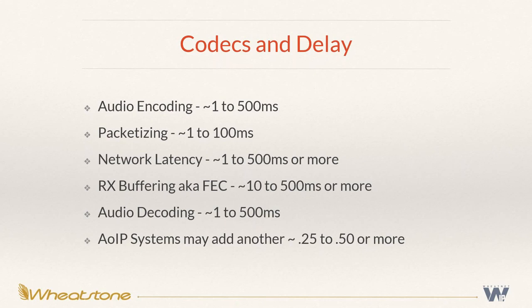One of the first things to impact it is audio encoding and the encoding algorithm. And then the next thing along the way is we have to turn these digital audio signals into packets and transmit them.